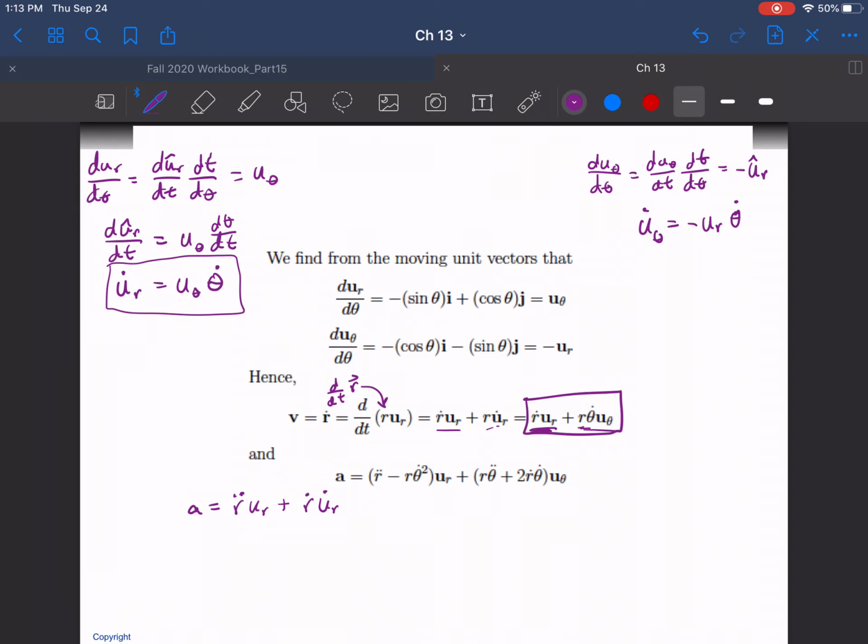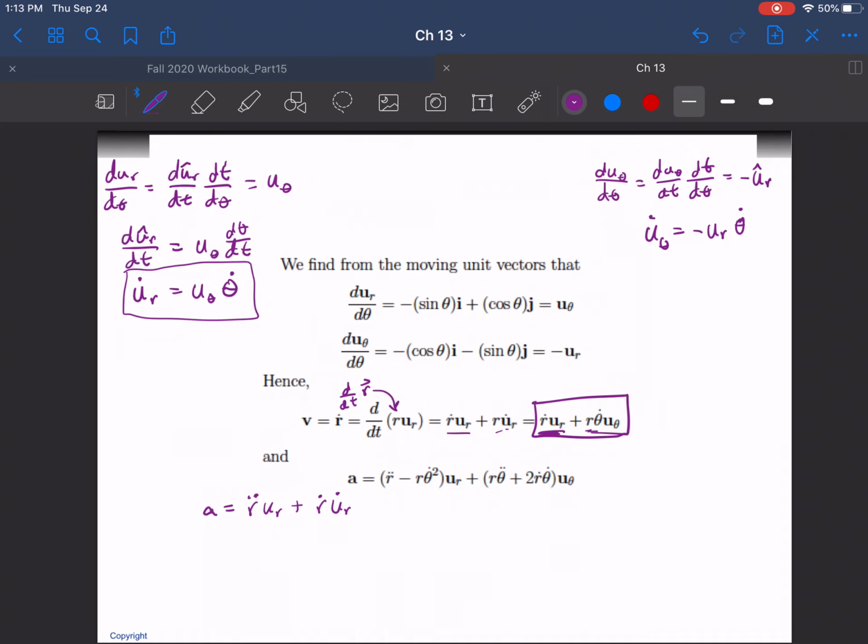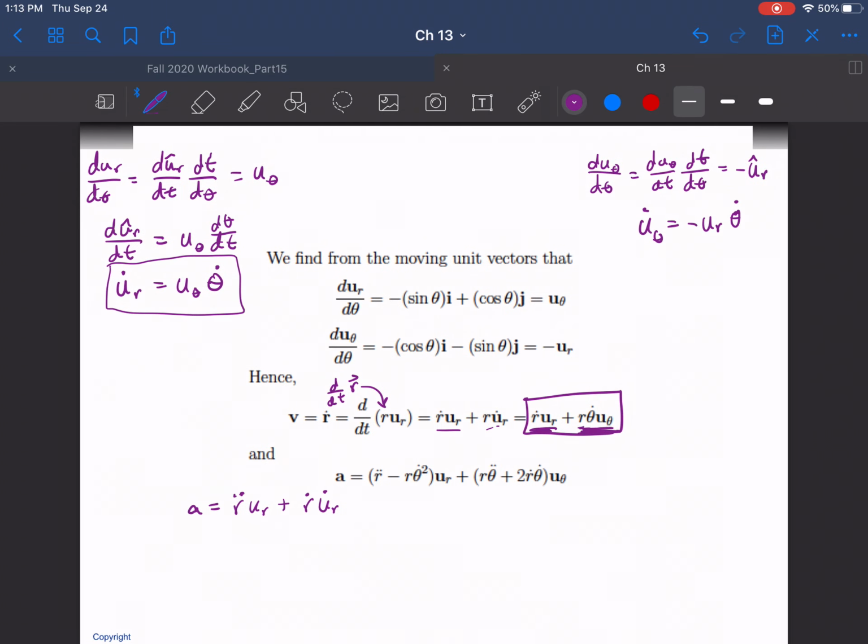And then we can do the product rule on this one, but there's three of them. So we have r dot theta dot u theta, and then r theta double dot u theta, and then r theta dot u theta dot.